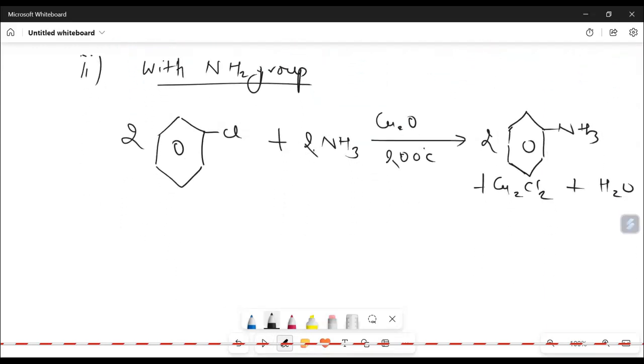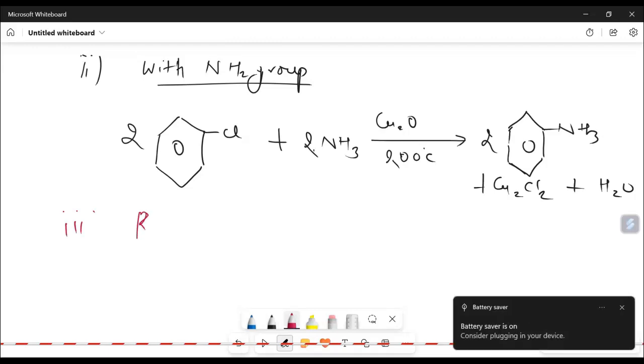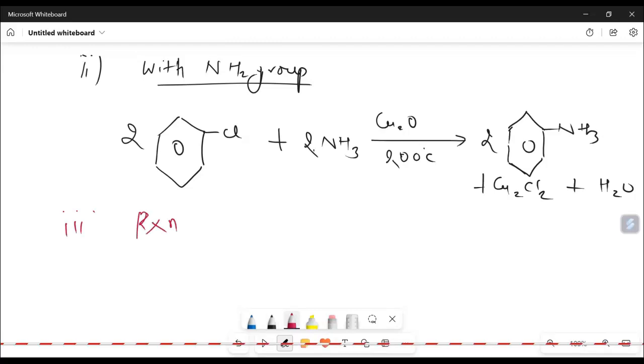Okay, the third reaction is reaction with CN group, and this reaction goes like that.